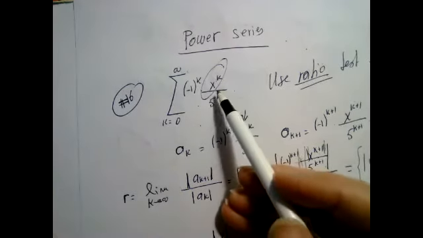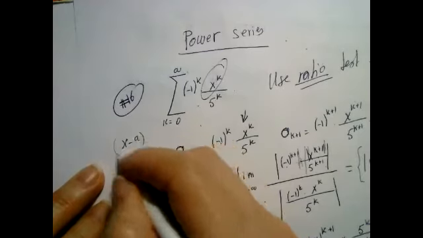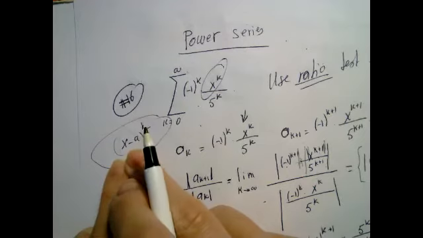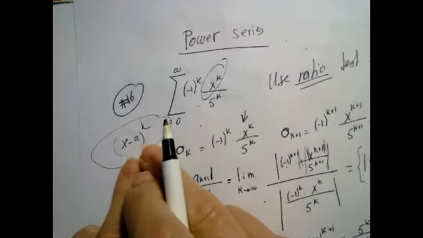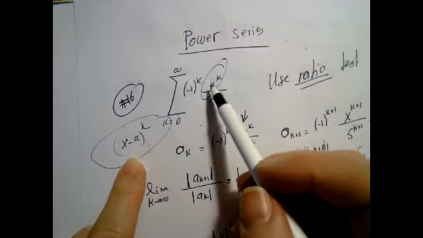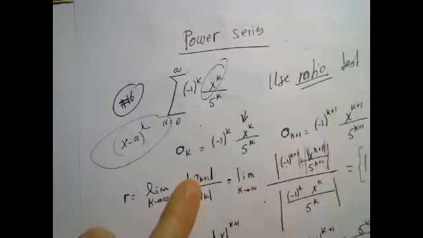The Taylor polynomial could be in X, or it could be in X minus A. It means if I want to approximate near A, I need to use a Taylor polynomial in X minus A. So now the question is, what if I have a power series where the terms are not X to the k, but X minus something to the k? How can I find the radius of convergence? The principle is basically the same, but before I do that, let me talk a little bit about the absolute value.